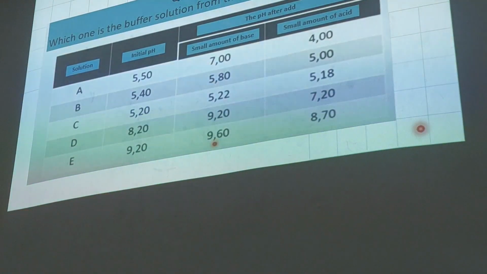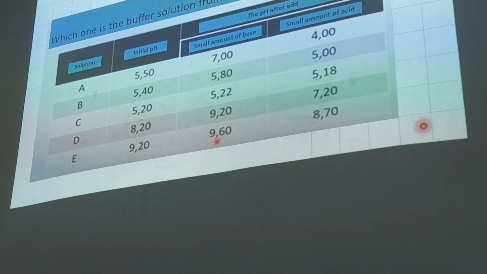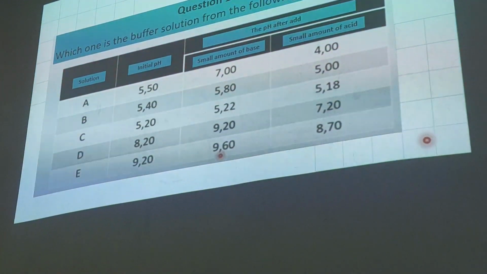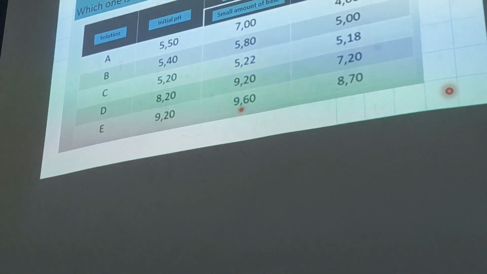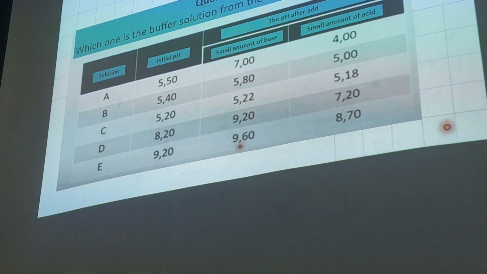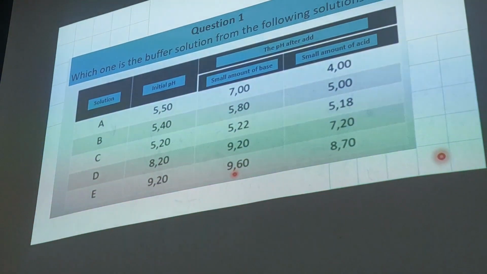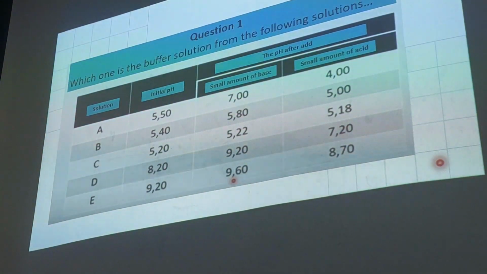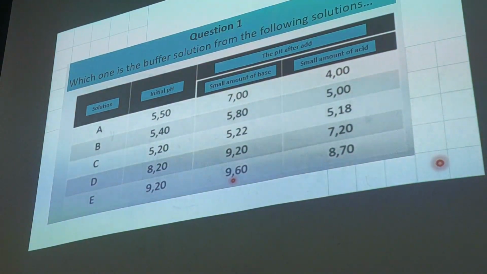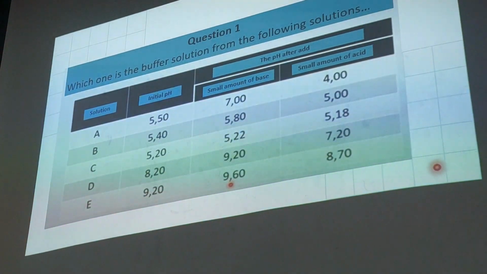Okay, just Google it, I already conveyed it to you. Just Google it. We just add a small amount of base, and the pH just increases or decreases by only 0.2.